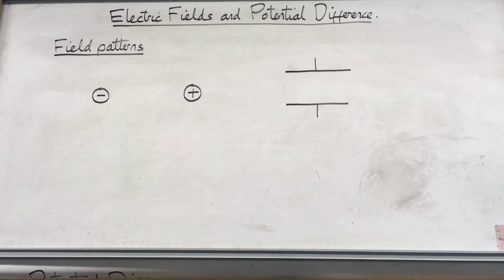With regards to electric fields, these are set up and do exist around charged particles. I've drawn on the board an electron and a positive particle, possibly a proton, and I'm just going to draw the field patterns that exist around these particles.